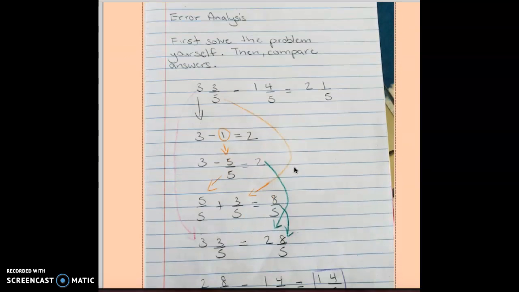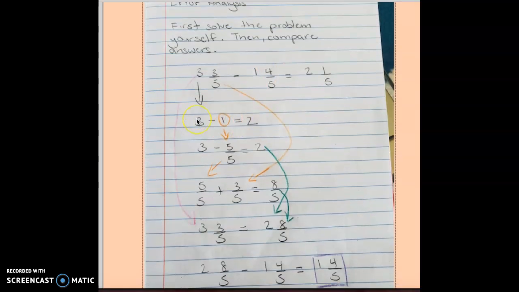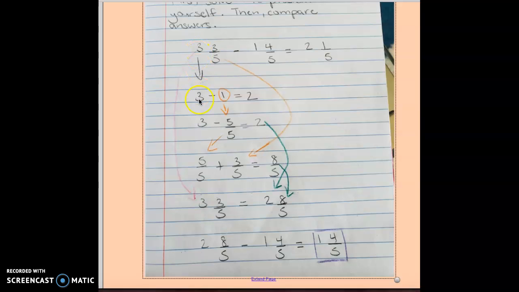So I went ahead and I solved the problem myself. In solving the problem, I took notice that I needed to regroup because the numerator of my minuend is smaller than the numerator in my subtrahend. So I subtract by regrouping. I'm subtracting 1 from the 3, and I have 2. I converted the 1 that I regrouped into a fraction of 5 over 5.